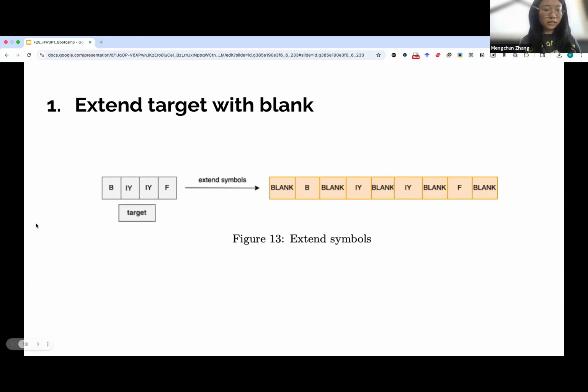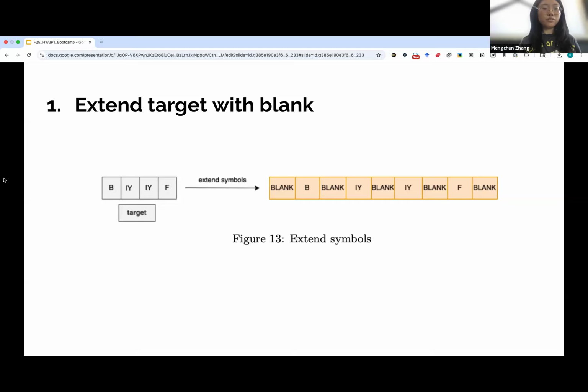Here, the blank is defined in the initialization of the CTC. The blank gives your model flexibility so that the model can just predict nothing between your different letters. And in this way, a letter can stretch across multiple time steps without being forced into one-to-one alignment.